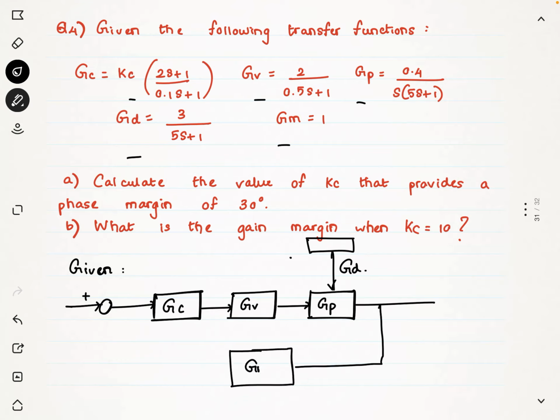And then we have a measurement GM. Yeah, so this will be the closed loop structure.